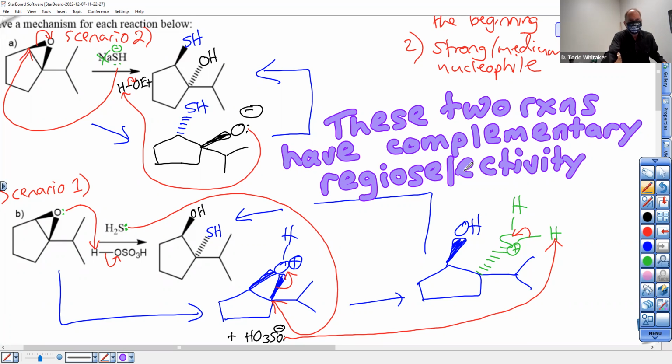I'm going to do one more, and I'm going to sneak it at the end of this video. You do not have to copy the next part, okay? So I want to do one where there's a strong acid, but it's the nucleophile that does the attack first. And I want to make sure in this new example, you see that it's different than this one right here.